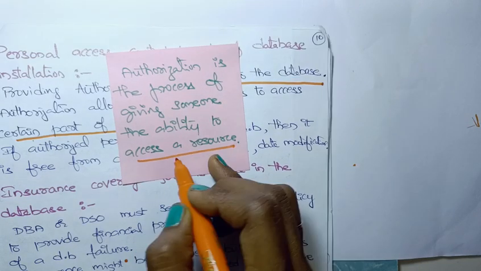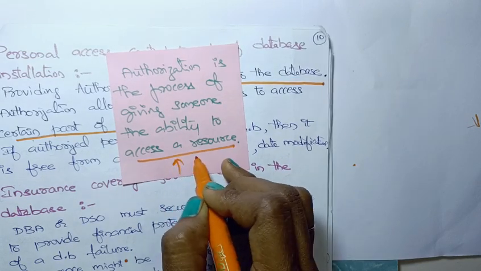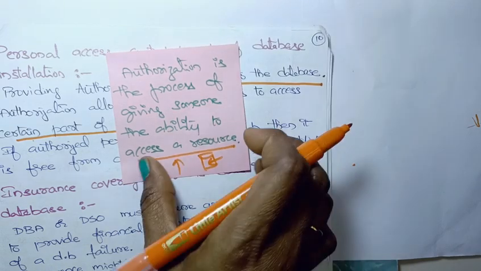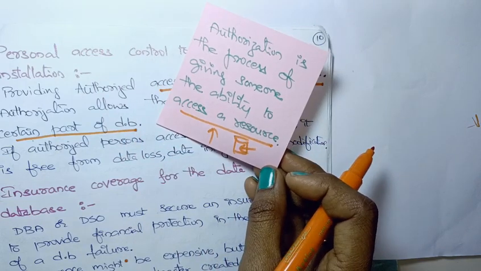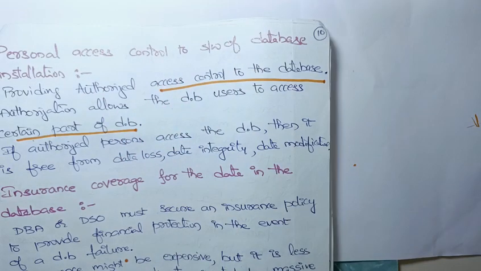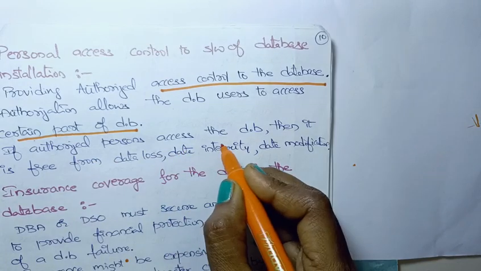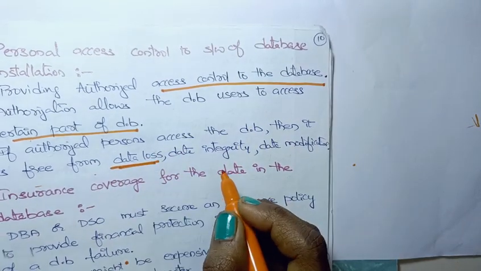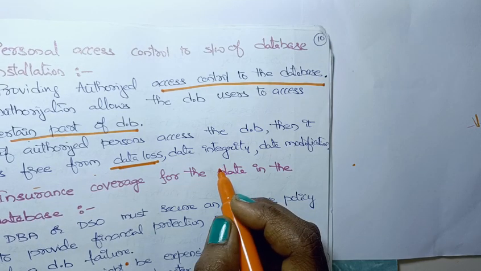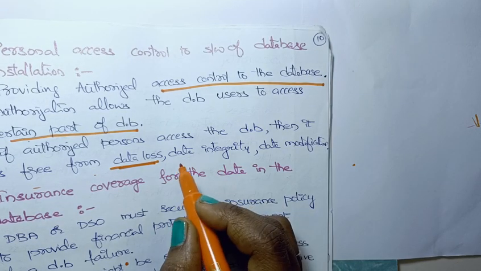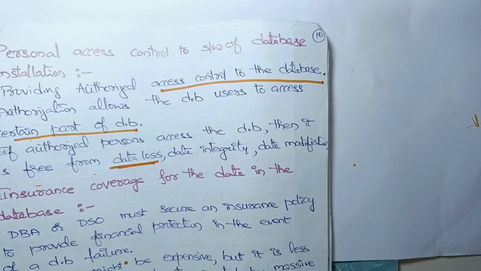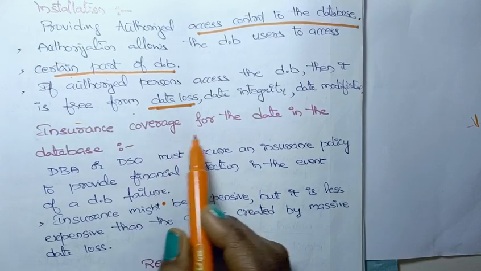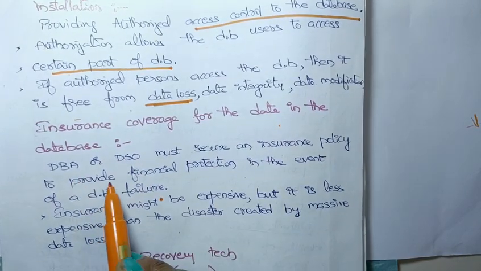Only by providing a username and password can the database be used, by only authorized persons who have that particular username and password. When only authorized persons access the data, it is free from data loss, loss of data integrity, and data modification.